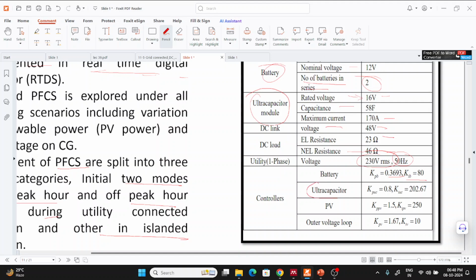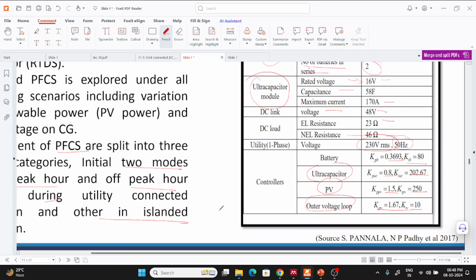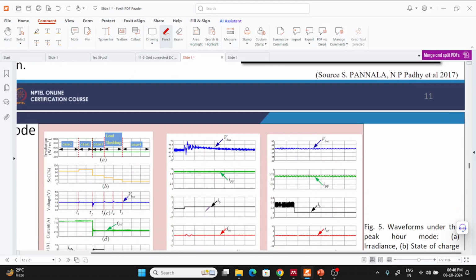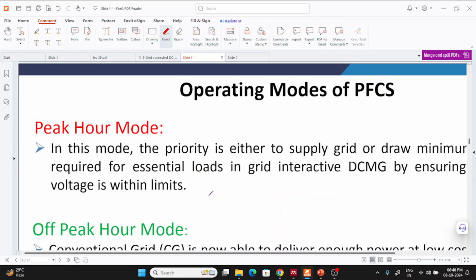For the ultra capacitors, we have used the proportional constant 0.8, then the integral is 202.67. For PV, we have taken 1.5, and for the integral constant, 250. Then the outer voltage loop we have taken this. Okay. So based on that, we have implemented the results.